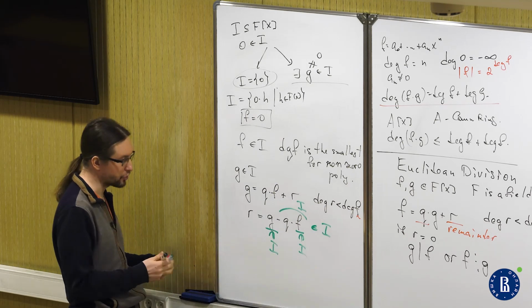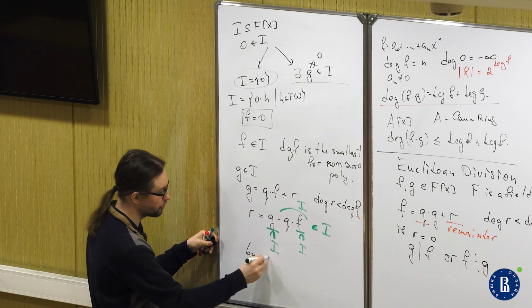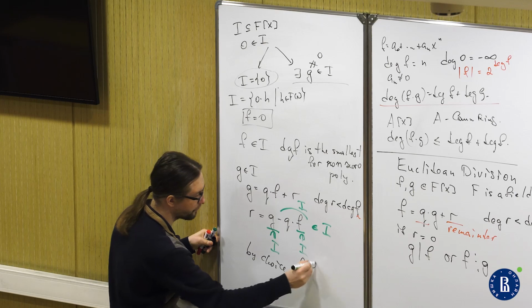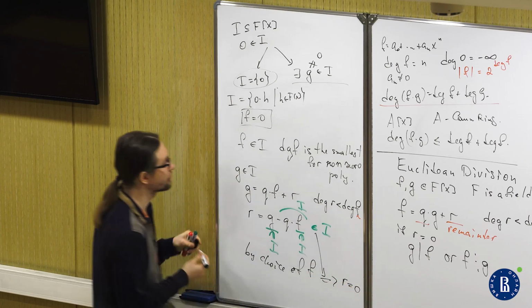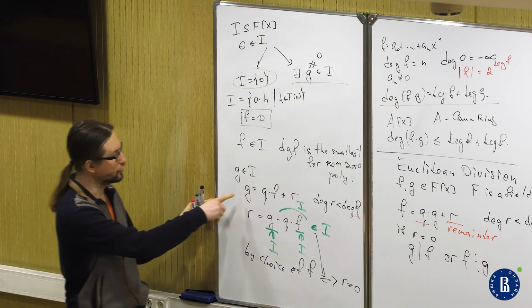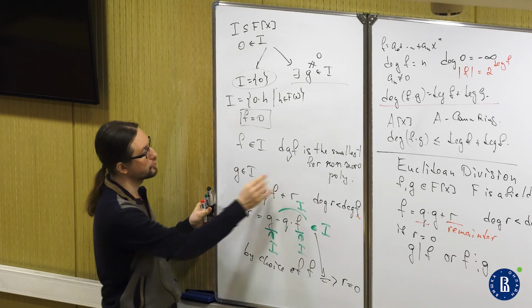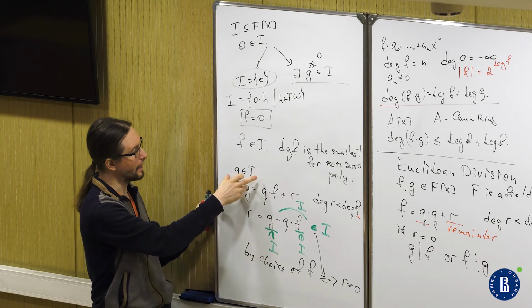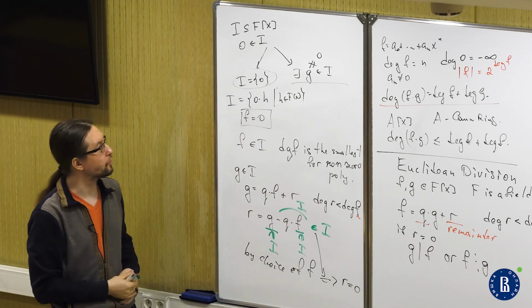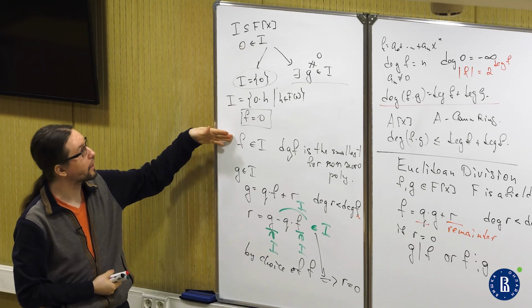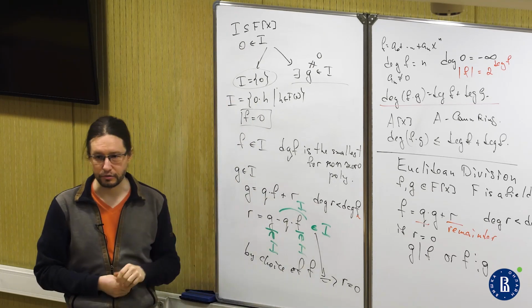So by the choice of f and this fact, we see that r is 0, which means that g is divisible by f. So we have proven that every element of I is divisible by f. So that's why we covered case number 2.